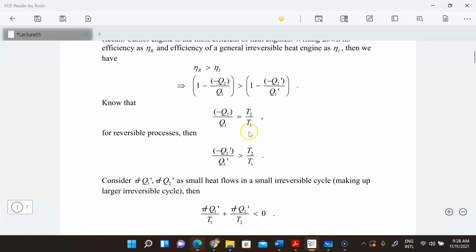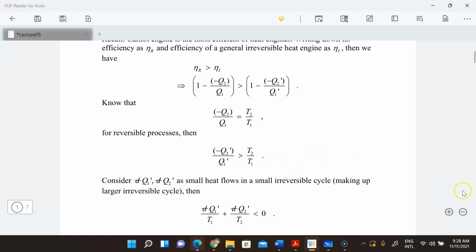Remember your T1 and T2 are essentially your absolute temperatures defined through the Carnot cycle. So over here is the ratio of your heat input and output, or well, input is the one underneath and output is the one on top, is related to the absolute temperature through the inequality rather than equality.